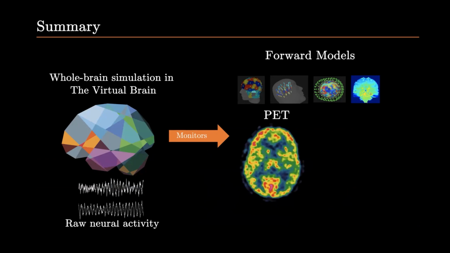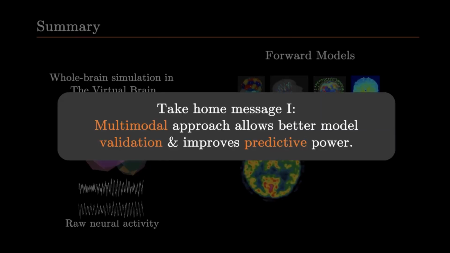So now that we have added PET, the take-home message number 1: a multimodal approach, taking into account multiple imaging modalities, including PET, allows better model validation and improves the predictive power.